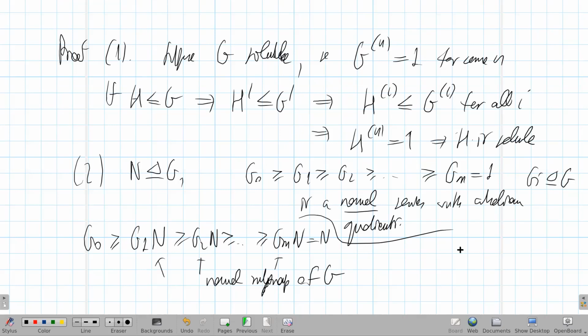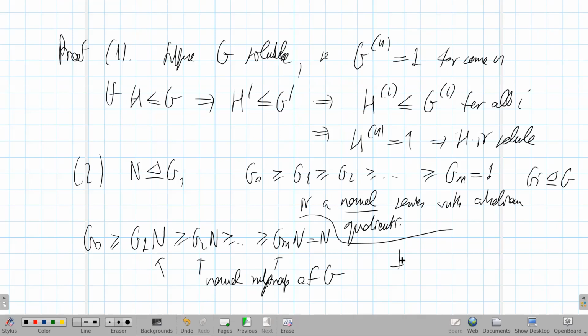Note that these need not be distinct, but if some of them are equal, we'll simply erase one of them, because in a series we assume that the terms are distinct. And I claim that the quotient of two terms is abelian.